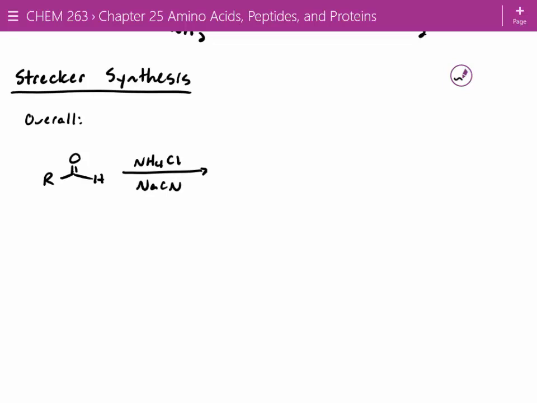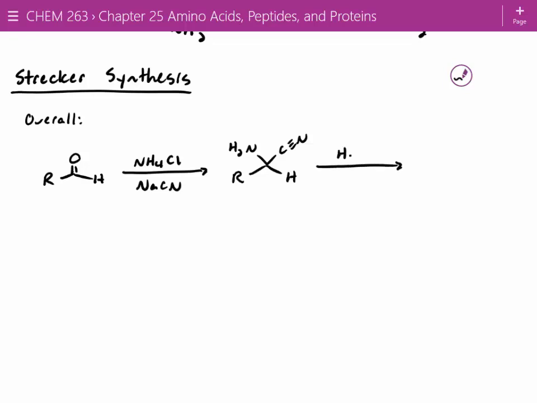Not the most friendly reaction in the world to run, reacting something with cyanide. But when you do this, your cyanide group can add in along with your amine, and you end up with a cyanohydrin derivative.